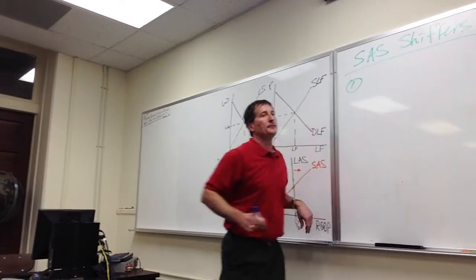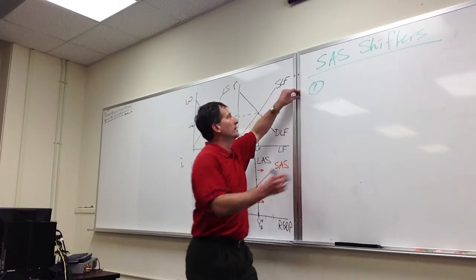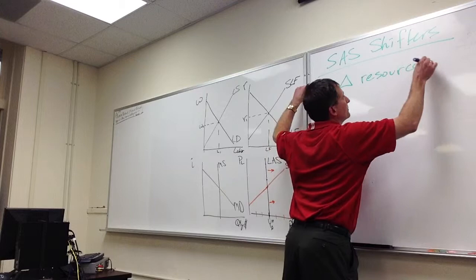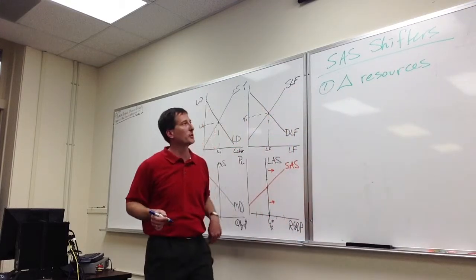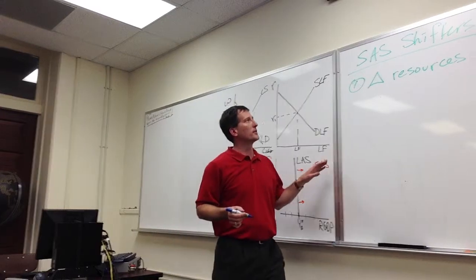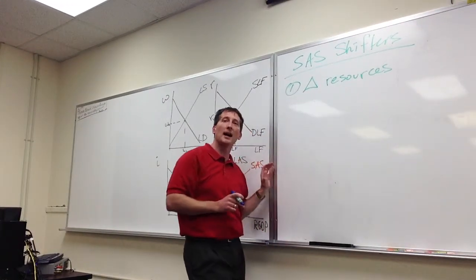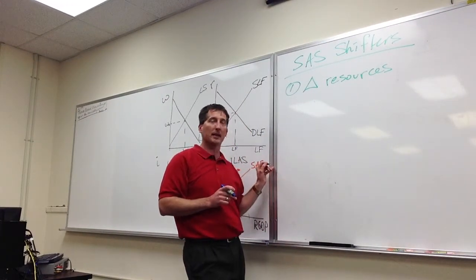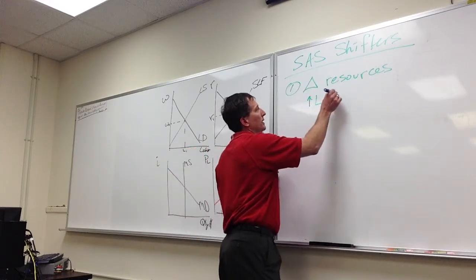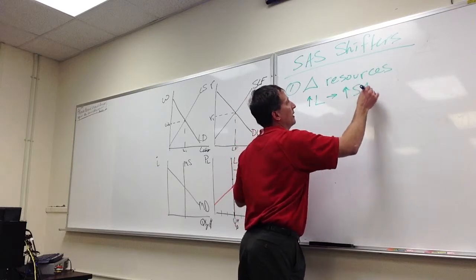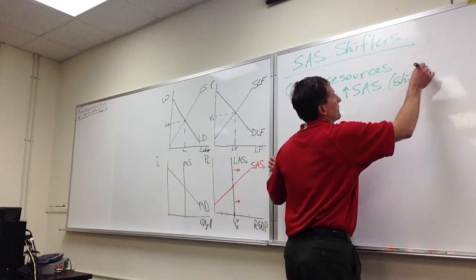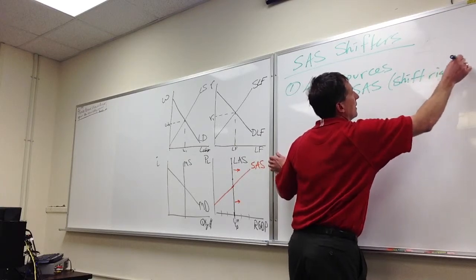So number one is a change in resources. In other words, this is the same as the long run aggregate supply curve. So an increase in labor leads to an increase in the short run aggregate supply curve. A shift to the right.